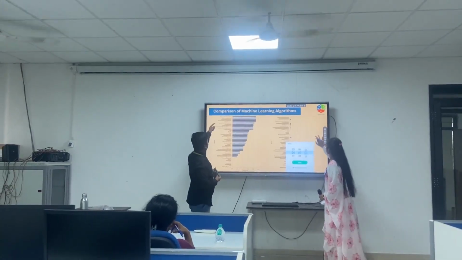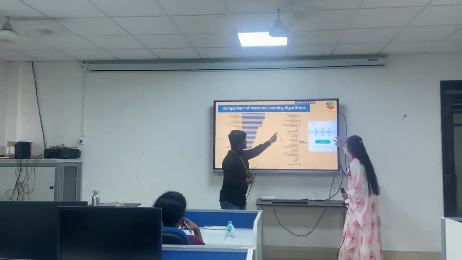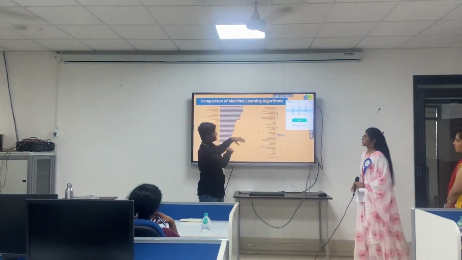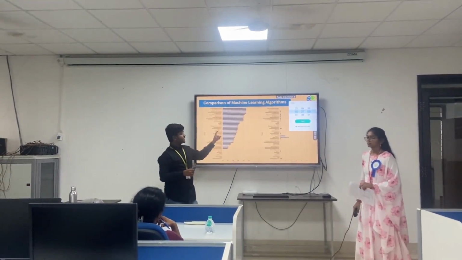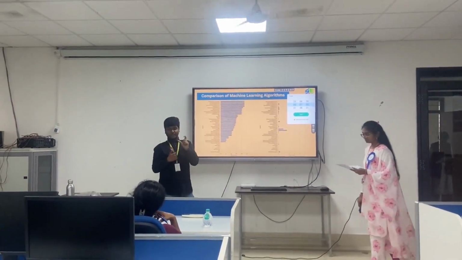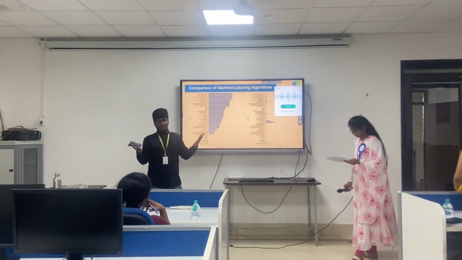The random forest regressor has the highest R square value, and the time taken is very less. So when considering all parameters, I found the random forest regressor to be the best. To evaluate all of them, I used the Lazy Predict module, with which you can compare all the machine learning algorithms.